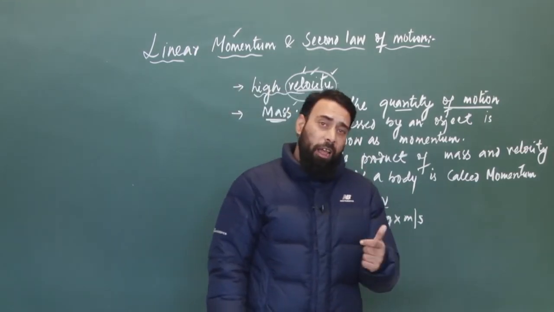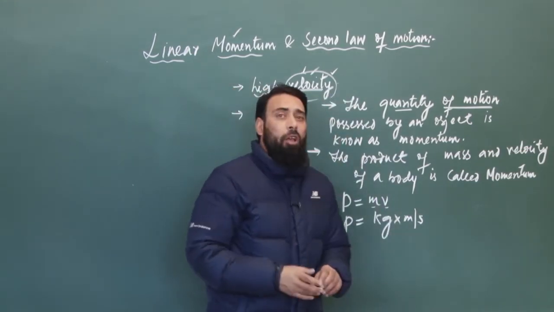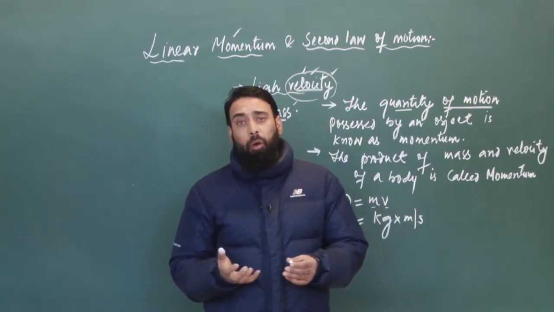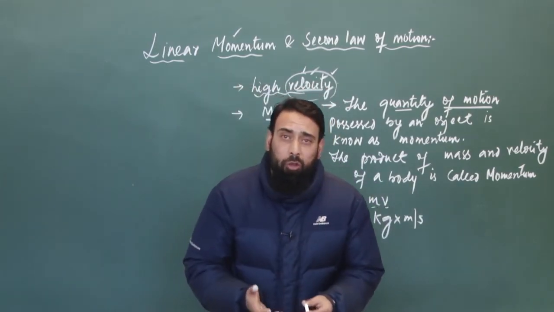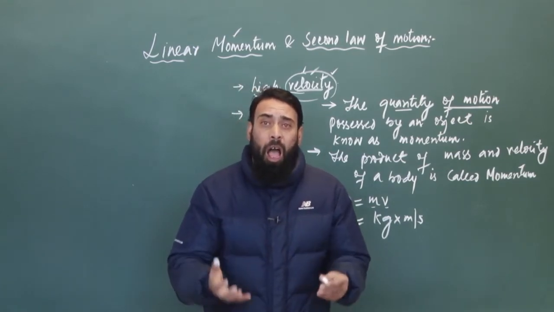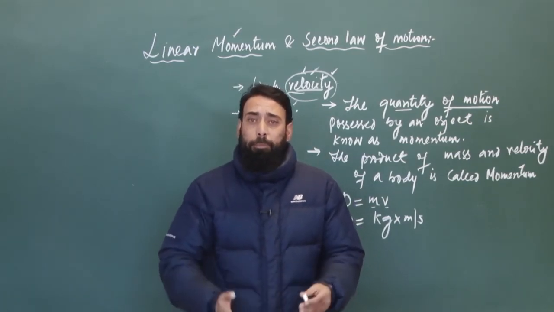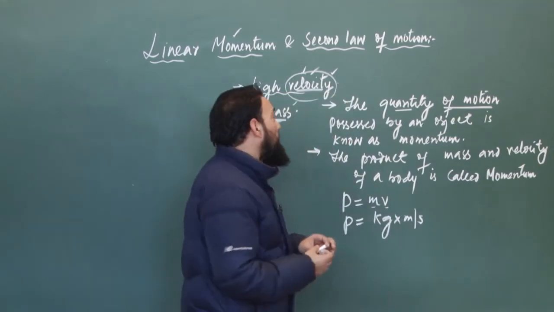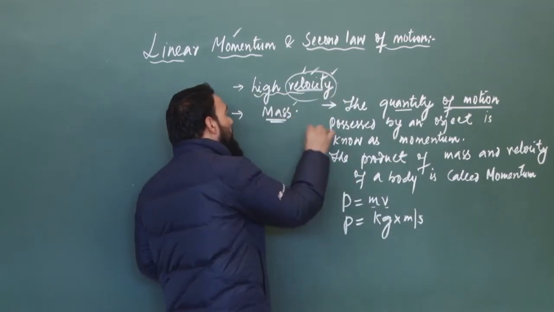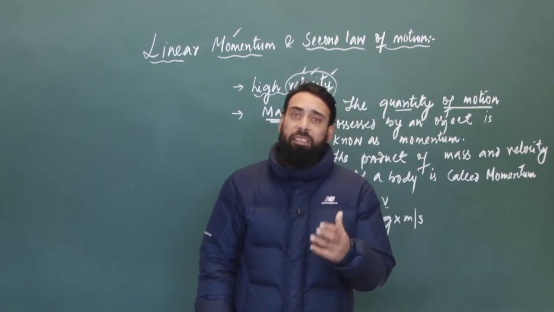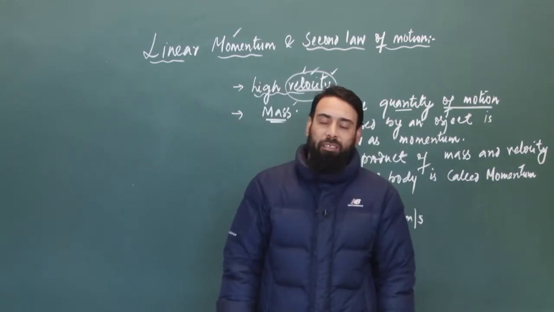And second, I have given you an example that if a rock is rolled down from a hill, we are not in a position to stop that rock, because that rock has high momentum at that time. Why? Because that rock has a tremendous mass, and that tremendous mass decides the momentum of that body. So again, the second important factor that decides the quantity of motion is the mass of the body.